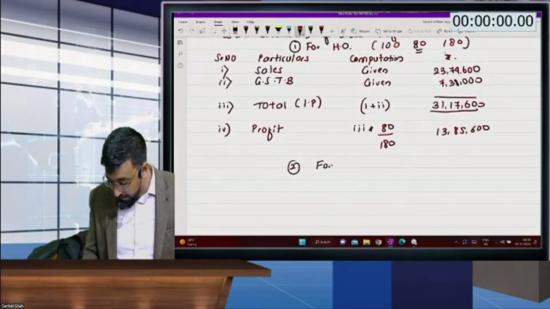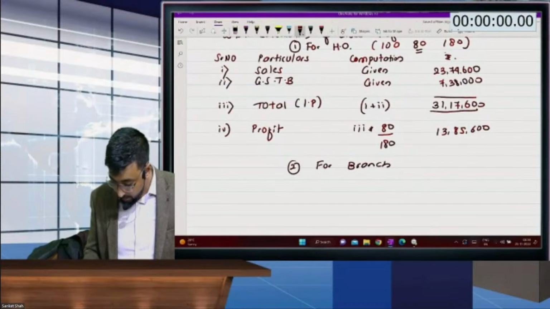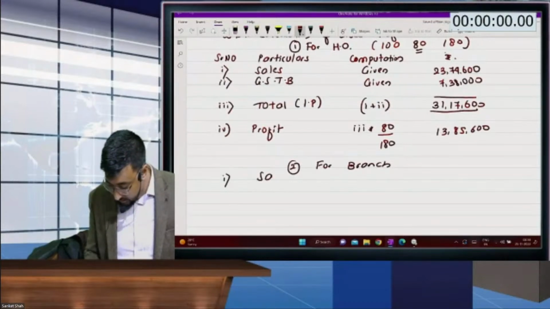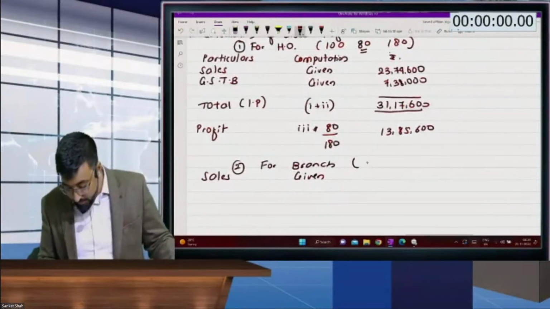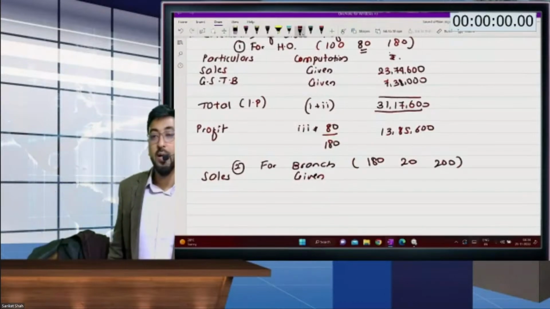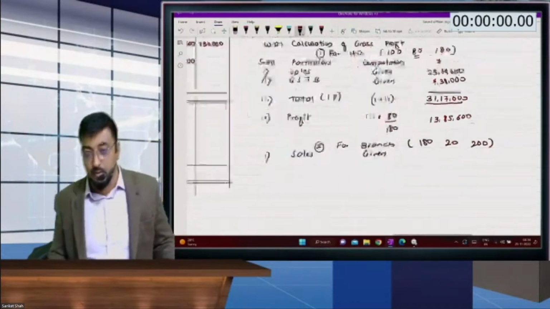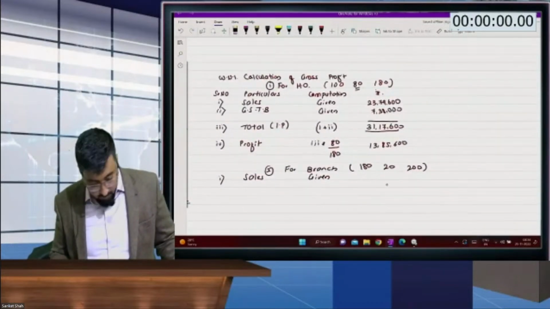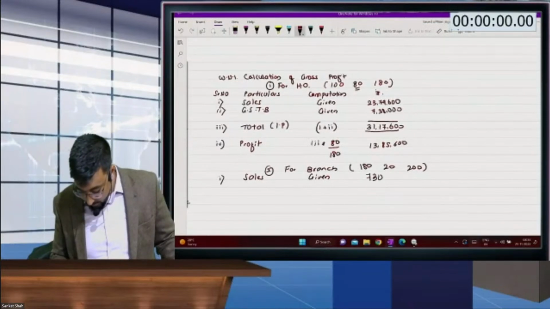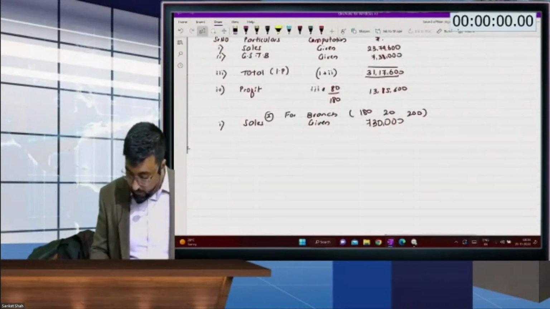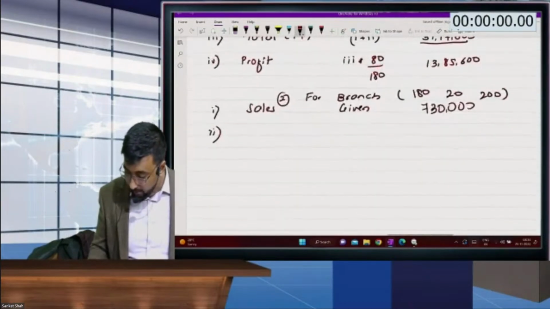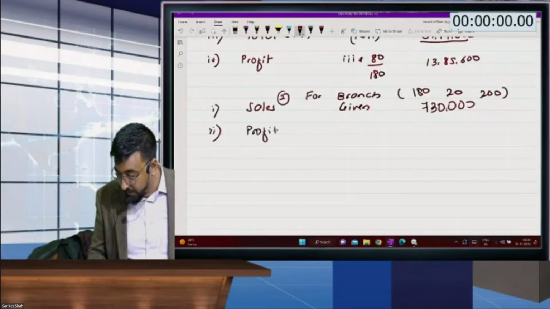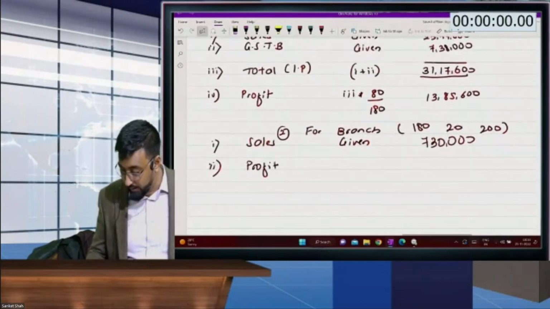And for branch, sales given. So for branch beta, it is 180, 20, 200 na. 180, 20, 200 branch profit. So what is sales? 7,30,000. And Roman 2 profit. So branch ka profit is 20 on 200 beta.